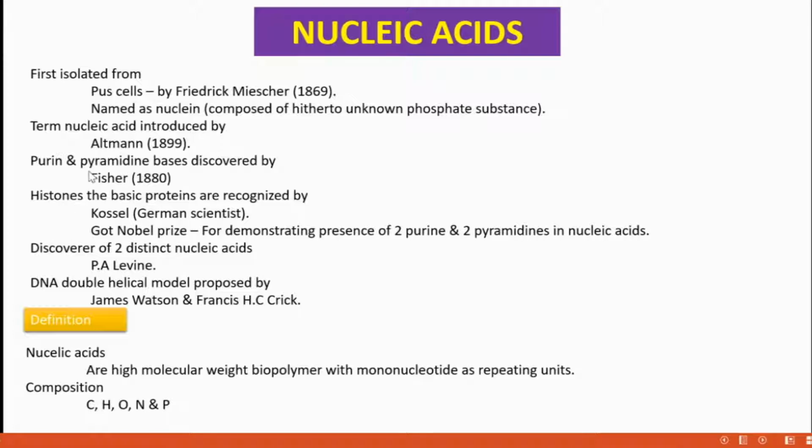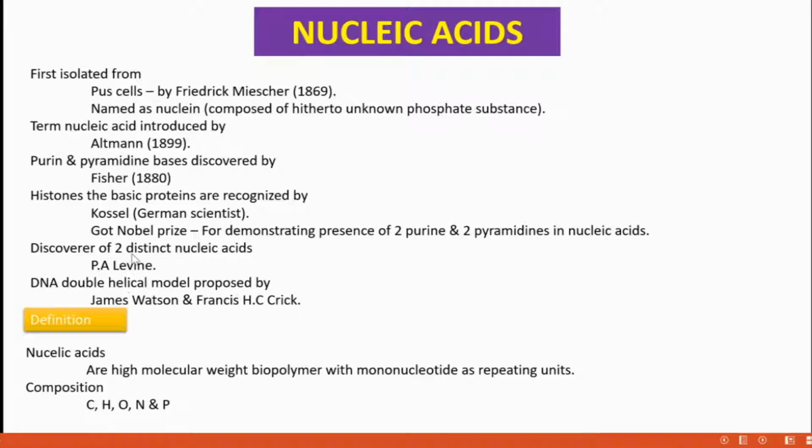We know that they are the basic proteins present in the chromatin for its organization, and these histones were recognized first by Kossel, a German scientist, and for that he got the Nobel Prize, for demonstrating the presence of two purines and two pyrimidines in nucleic acids. It is he who demonstrated that in nucleic acids, two purines and two pyrimidines exist.